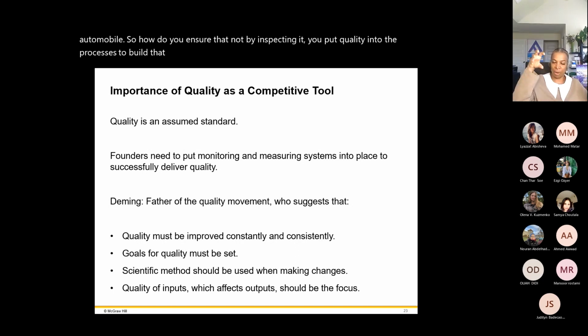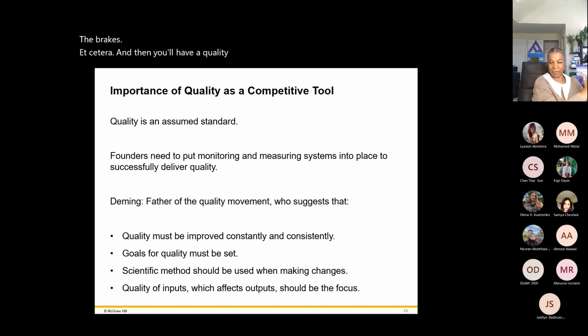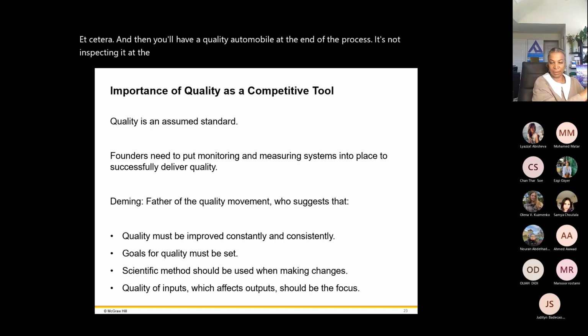So quality parts for the engine, for the brakes, etc. And then you'll have a quality automobile at the end of the process. It's not inspecting it at the end. It's too late for that. So build quality into your processes to ensure that the end product is a quality product.